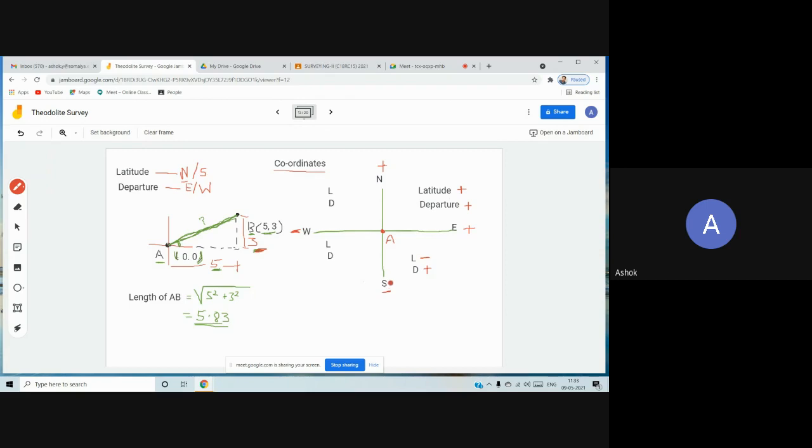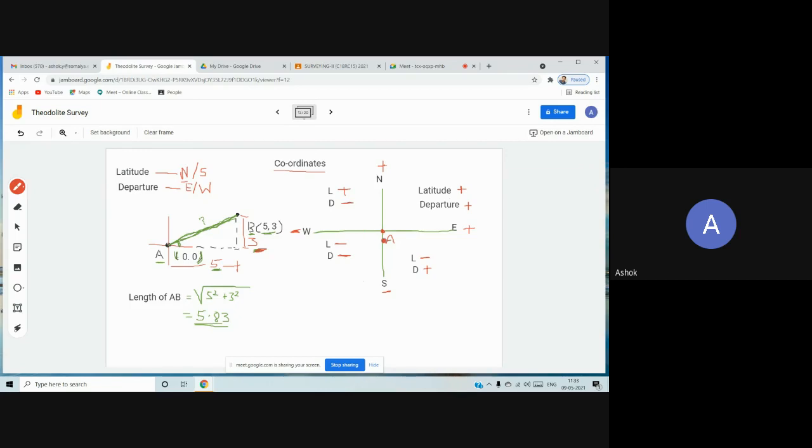Here in this coordinate, it is the southwest coordinate. So latitude will be negative, departure will be negative. Here it is the northwest coordinate. Latitude will be positive and departure will be negative.